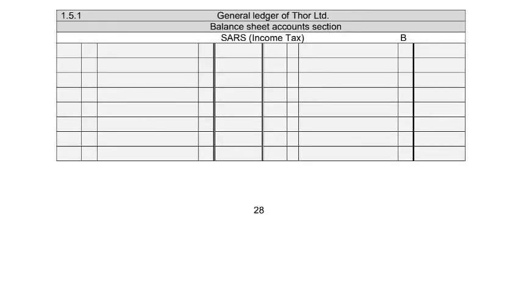General ledger of Thor Limited. We are going to complete the SARS income tax account. On the debit side, we'll have an opening balance of 13,400 Rand.